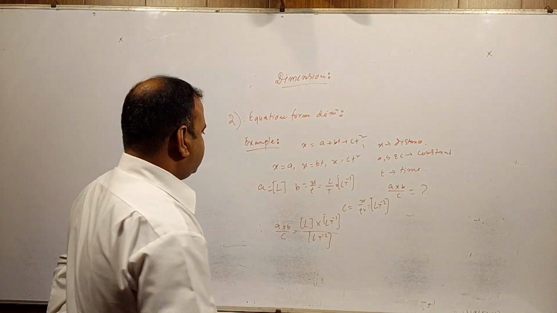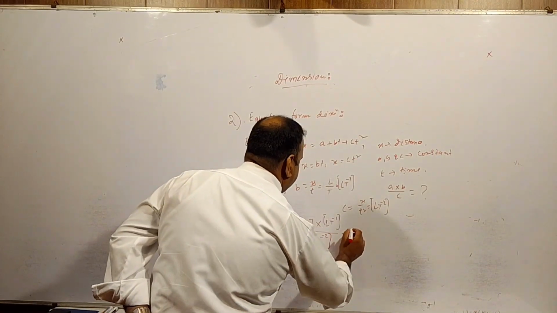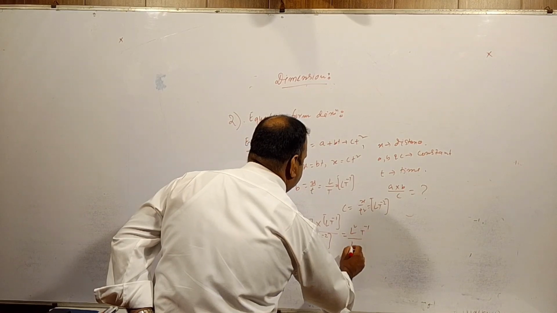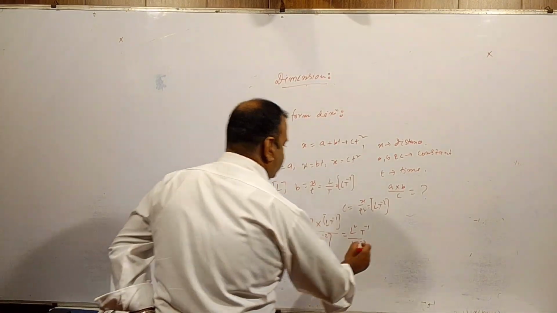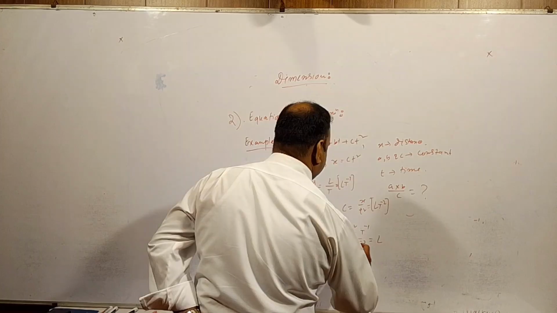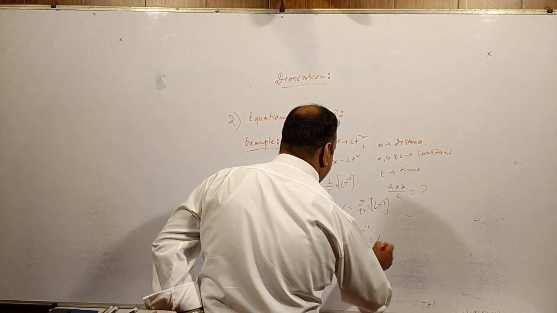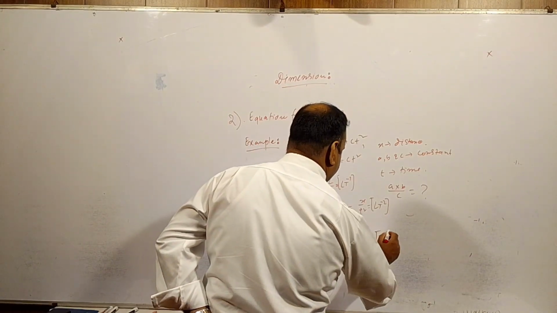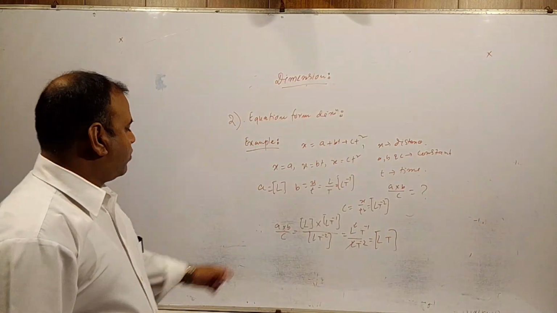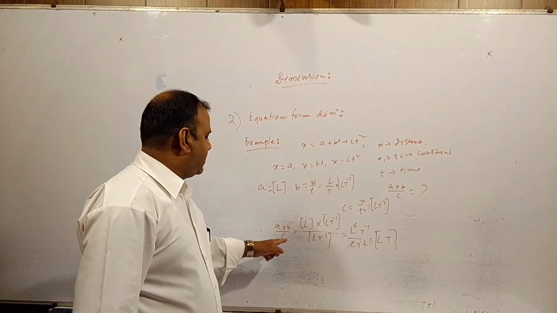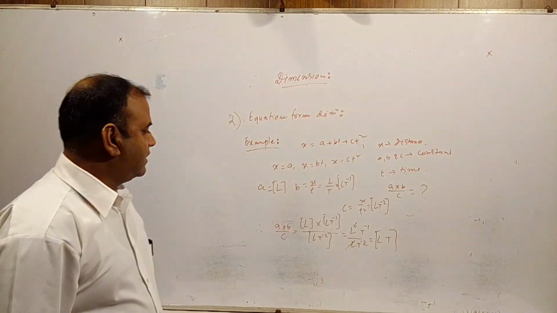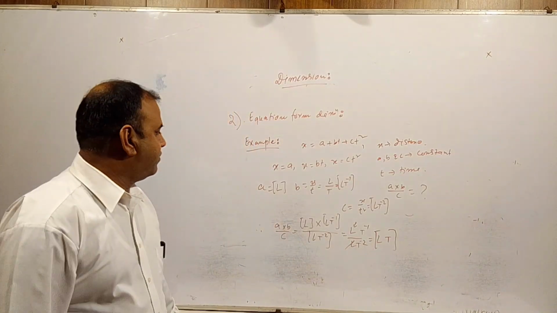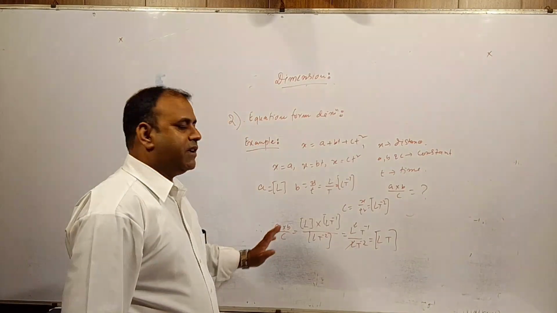So the first term we can write L square T to the power minus 1, divided by L T to the power minus 2. One L cancels L, and the T terms combine. So the dimension of a cross b divided by c is equal to LT. This is the dimension of a cross b divided by c.